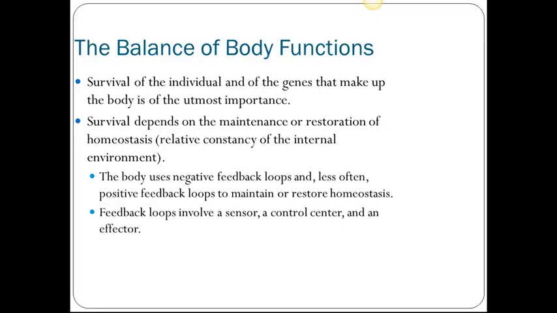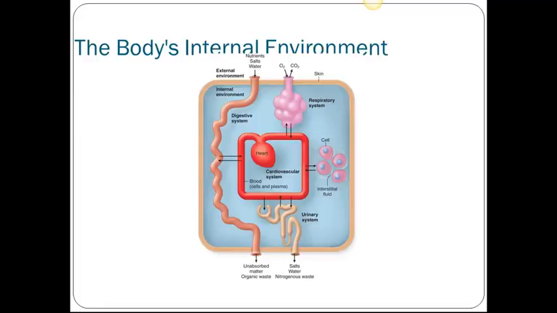An example of a negative feedback loop would be us shivering to increase our temperature, and a positive feedback loop would be uterine contractions during birth. Feedback loops involve a sensor and a control center, and they then affect that body part in order to maintain homeostasis.